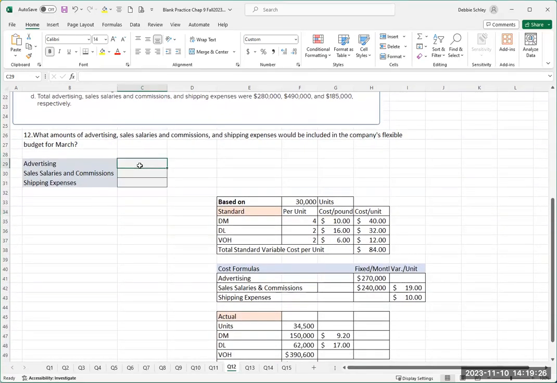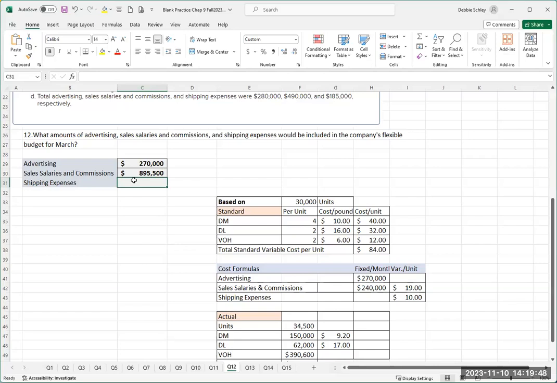So I'm going to take for advertising, that is just a fixed cost. So that's just going to be the 270,000. Sales, salaries, and commissions has a fixed cost plus parentheses $19 per unit times the actual units, close parentheses.